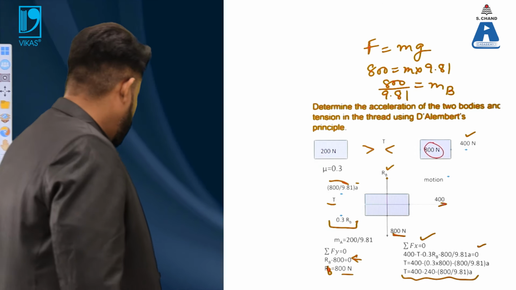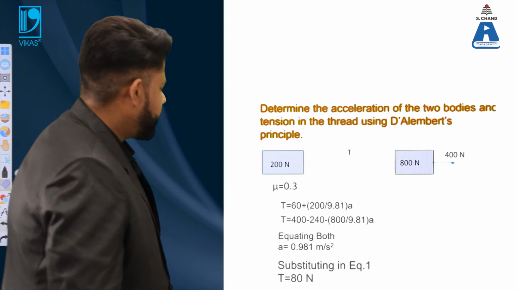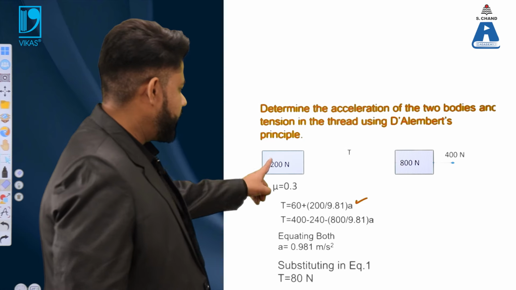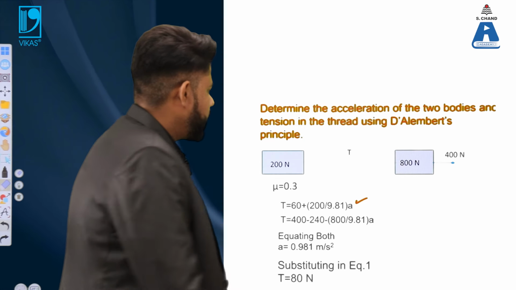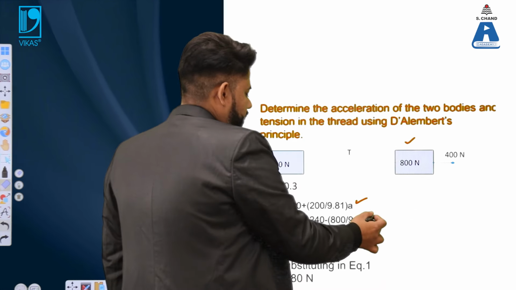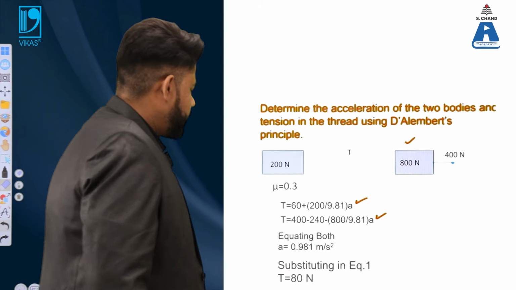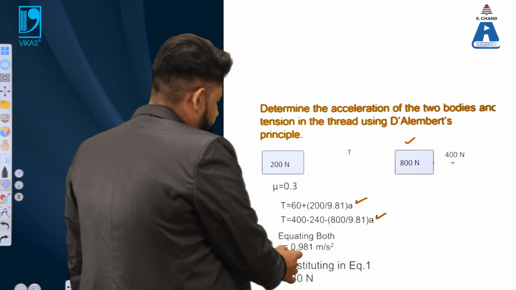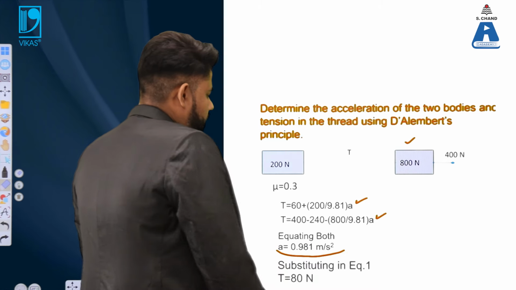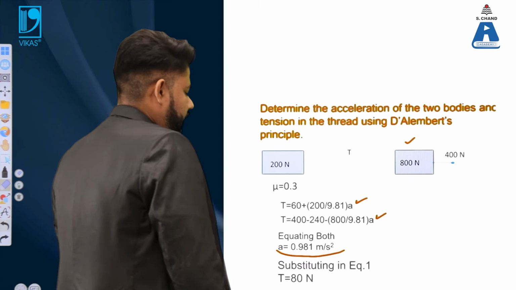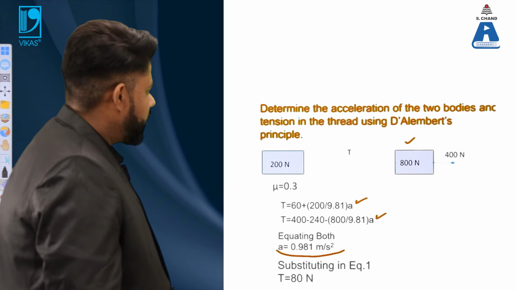So, you need to equate both values of tension. The tension value obtained from the first case is this, and the tension value obtained from the second case is this. You need to equate both of them so that the acceleration comes out. On solving both equations, the acceleration's value is 0.981 meter per second square.